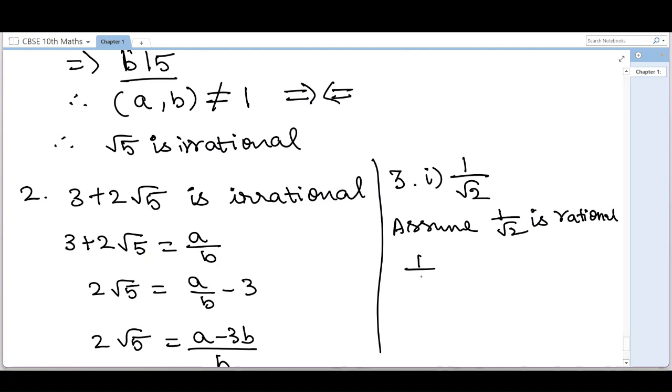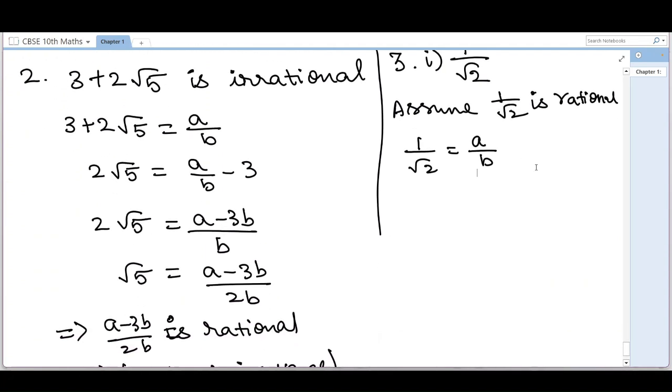Then 1 by root 2 can be written as a by b, where a and b are coprime, right? So by taking the reciprocal, we can rewrite this as root 2 equal to b by a, where a and b are integers and both are coprime.